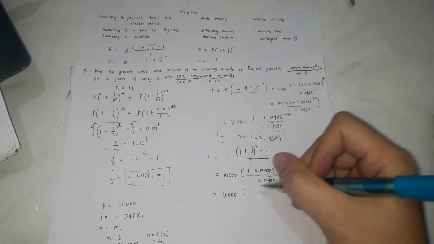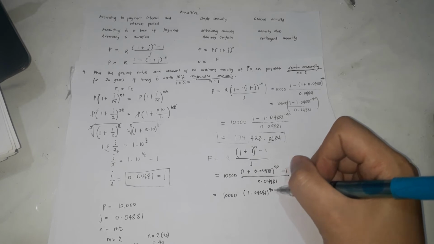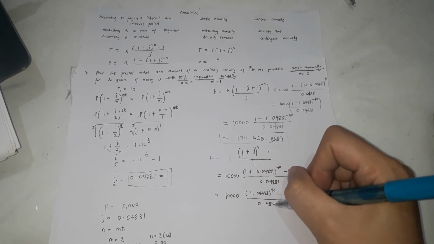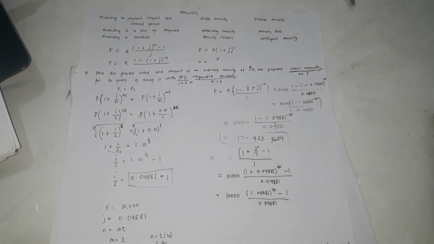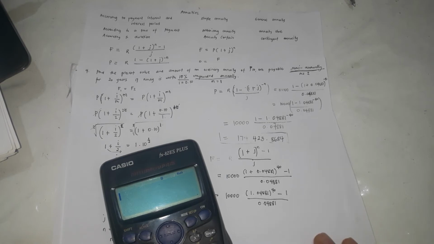So 10,000 times 1 plus this is 1.04881 raised to the power of 40 minus 1 over 0.04881. So we could solve this now in the calculator.